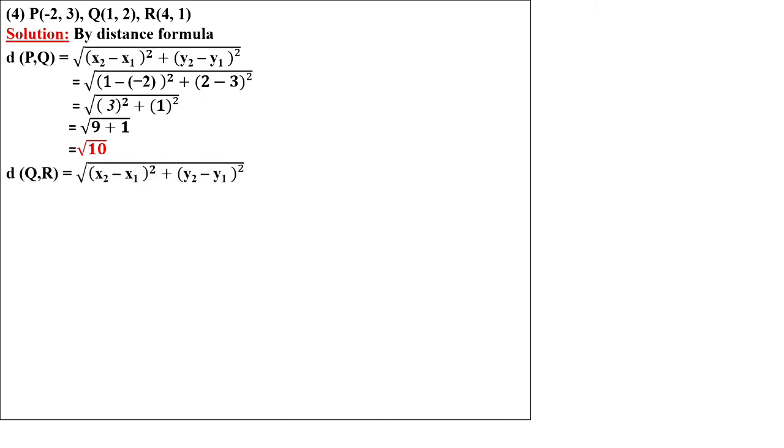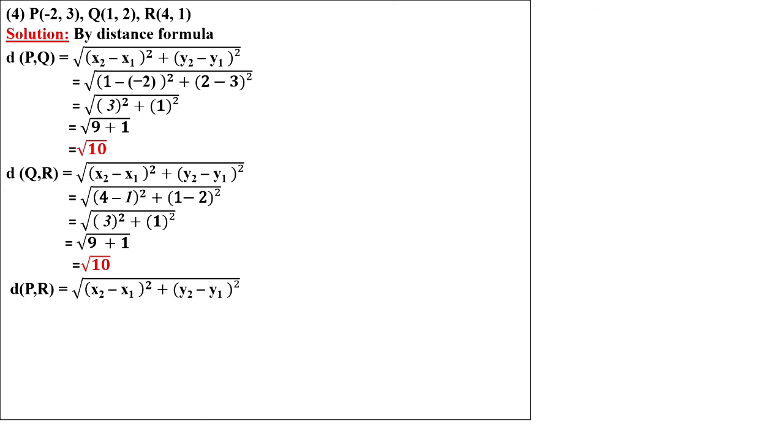Now the second one is the distance between Q and R. In the same way, between Q and R we have to take the values of x2 and x1 and y2 and y1. Now the square of 3 is 9, the square of 1 is 1, so 10. Now for PR, we have x1 as minus 2 and x2 as 4.